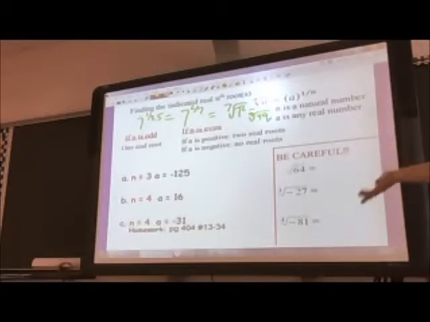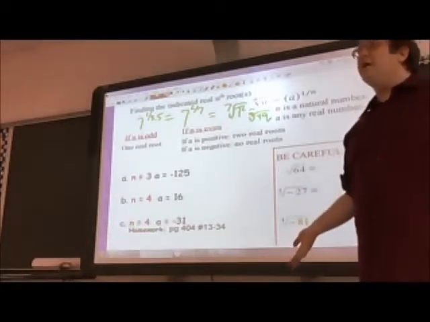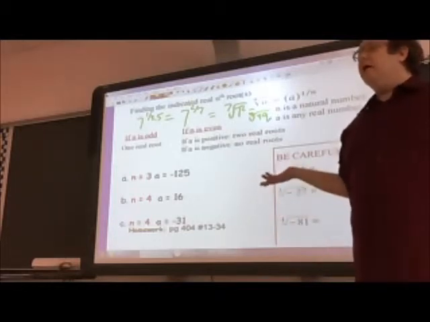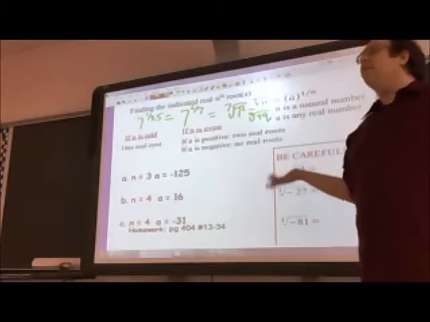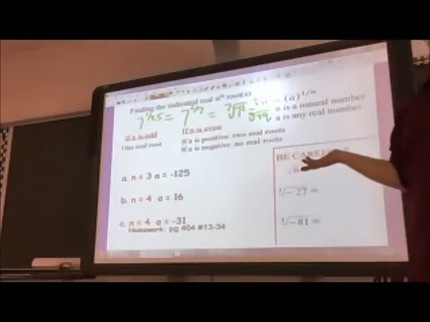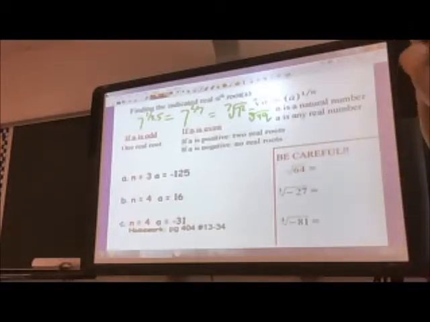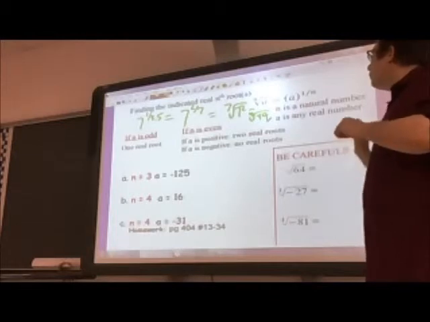But if we said the square root of x squared equals 9, x can be plus or minus 9. Everyone remember that? Okay, so we're talking about two real roots here.